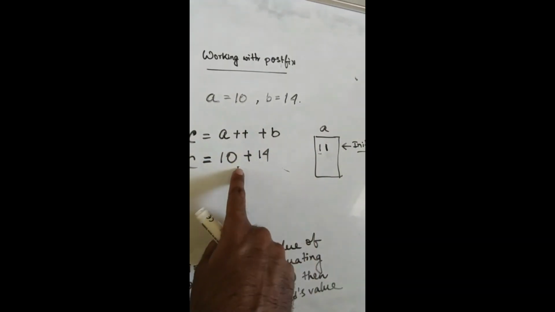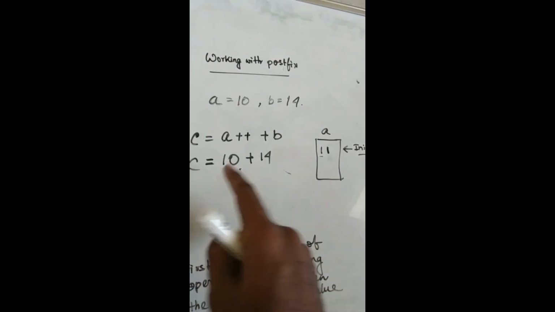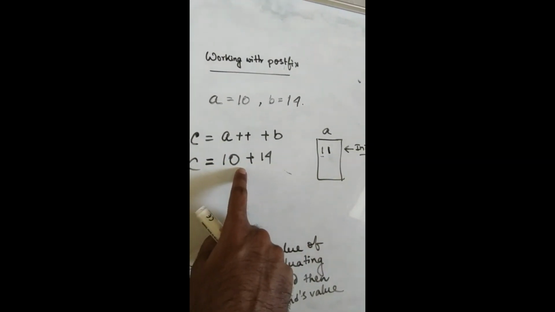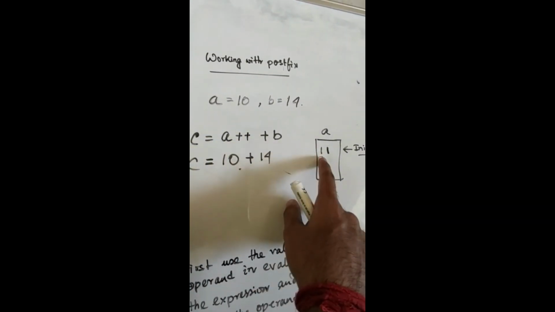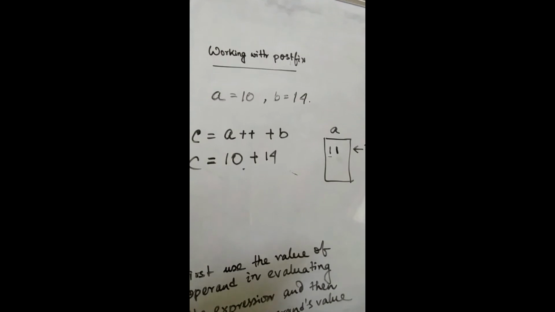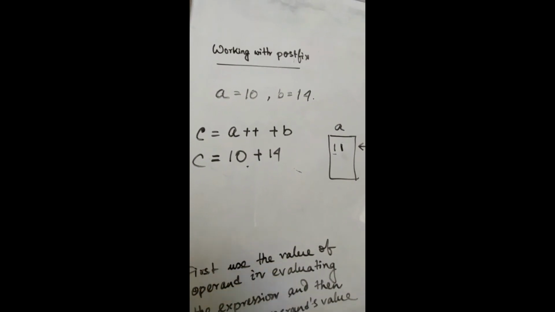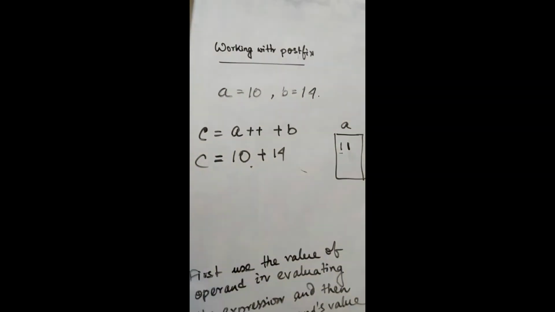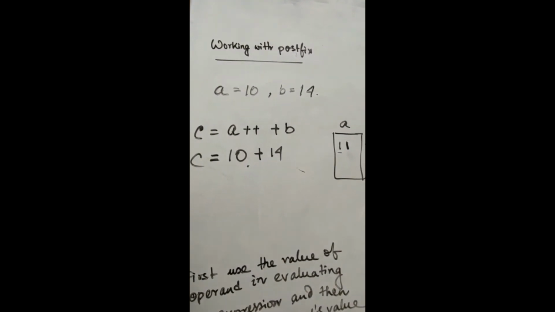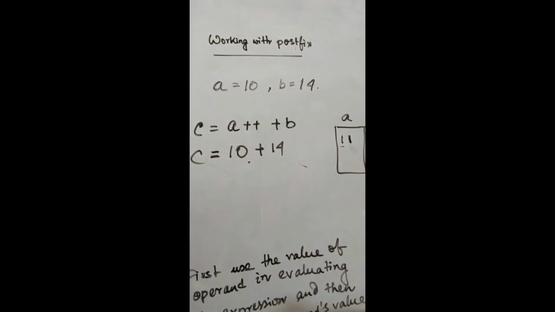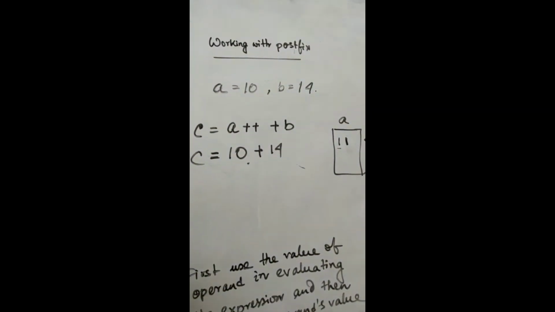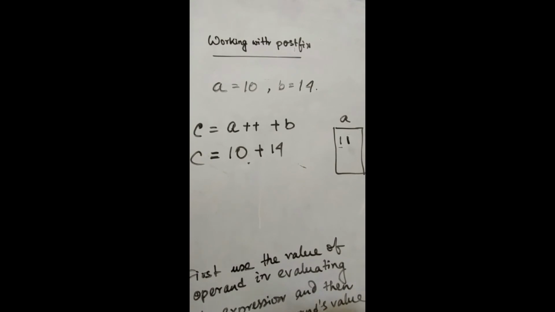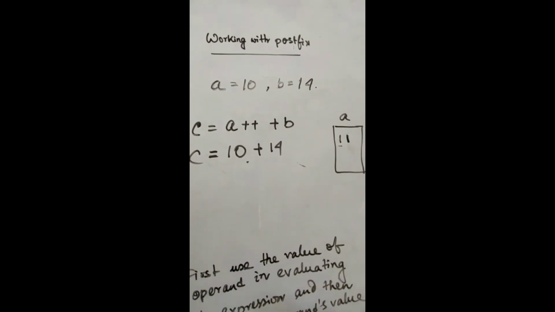So after using its previous value in the expression, the value of the operand will get incremented or decremented. That happens only in the postfix version. If we compare this to the prefix version, in that case first the value will be updated, either incremented or decremented, then we use the updated value in the expression.